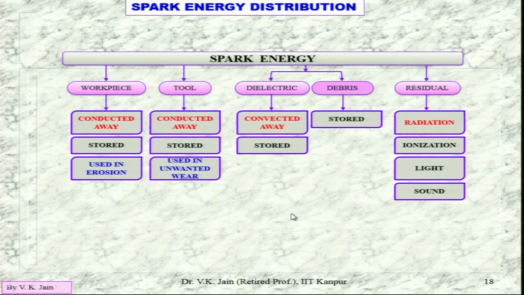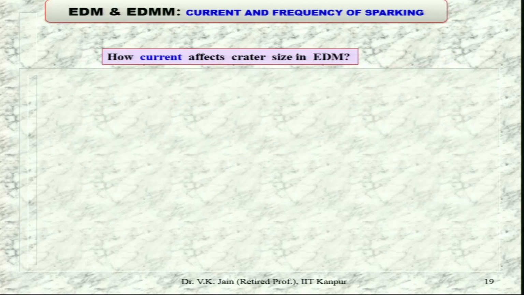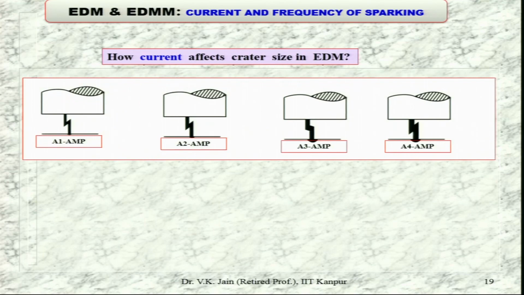So, this is how the energy distribution takes place in the EDM as well as the EDMM process. Next is current and frequency of sparking: how current affects crater size in the EDM process. You can see here, this is at 1 ampere, very small crater size, but as the current is increasing from 1 to 3 ampere, 4 ampere, the crater size is continuously increasing.